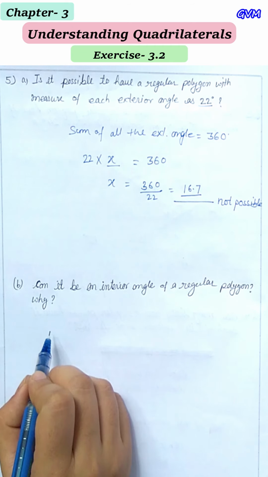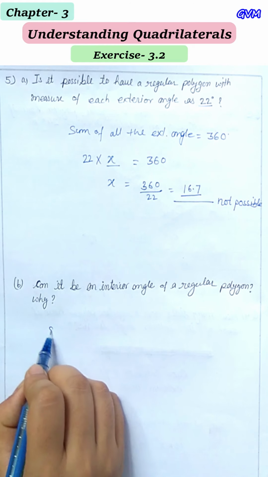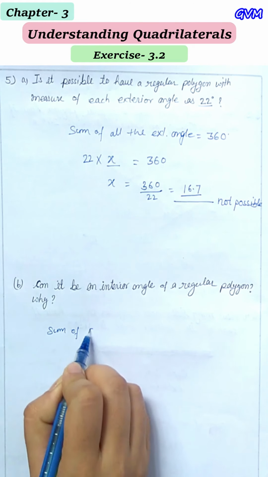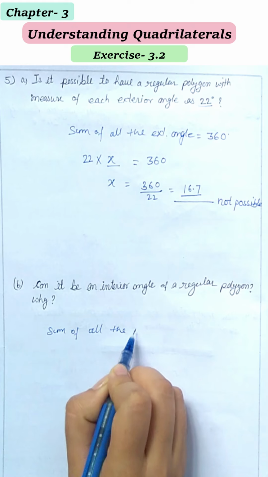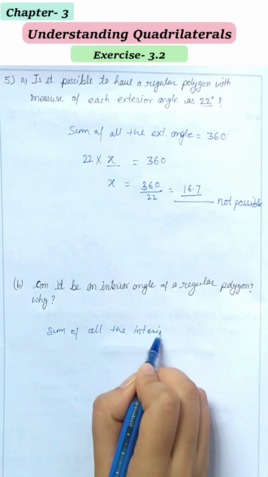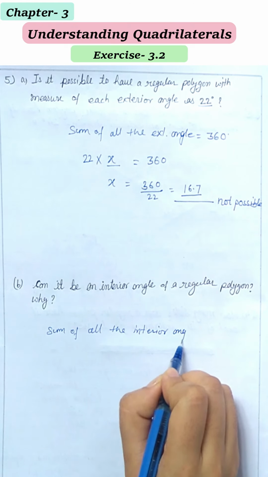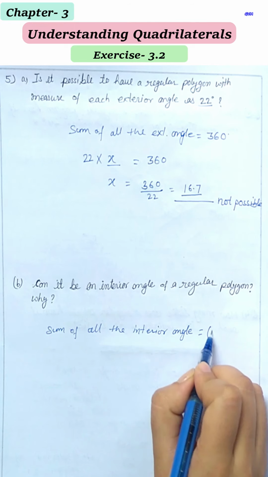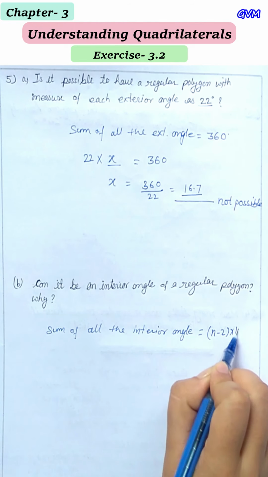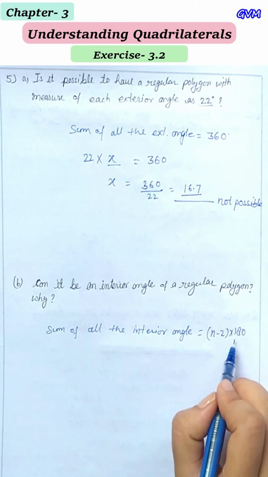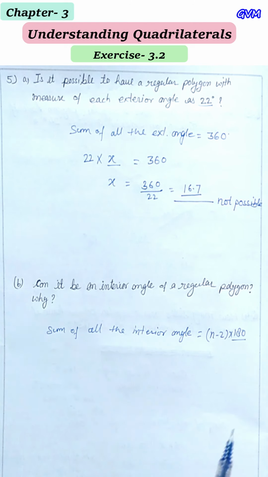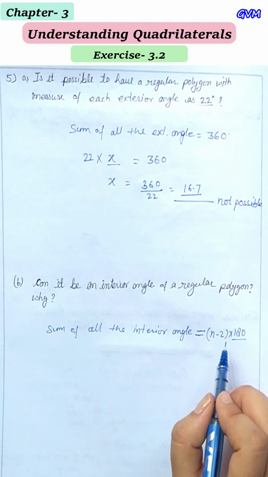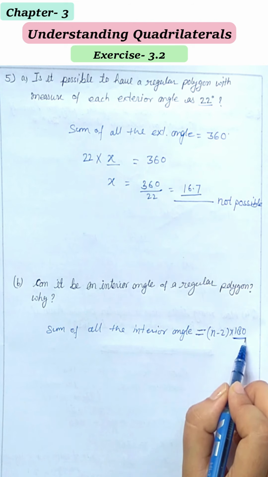So for a regular polygon, the sum of all the interior angles, the angle sum property says, is n minus 2 into 180. That means any regular polygon has a sum of all the angles that is a multiple of 180.